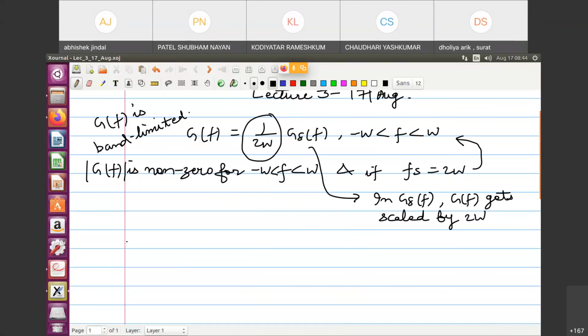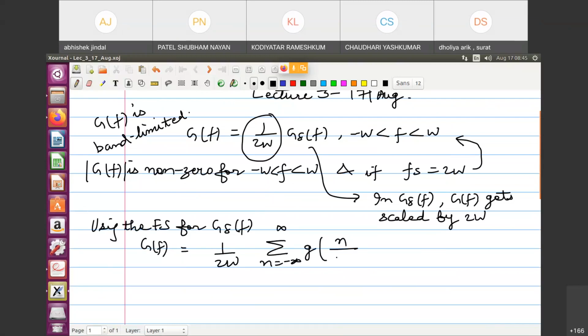Now one more thing: using the Fourier series for G_delta(f), we can note that G(f) can be written as 1 upon 2W summation n equals minus infinity to infinity g(n/2W) e raised to power minus j pi n f divided by W. Remember this is important to write over this range, because otherwise G(f) is 0 elsewhere.